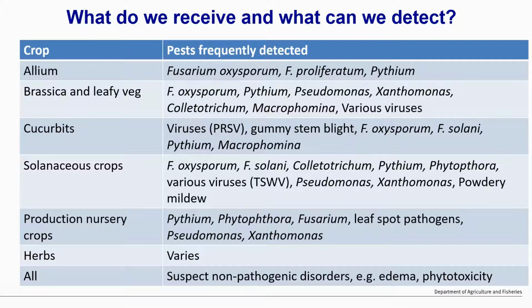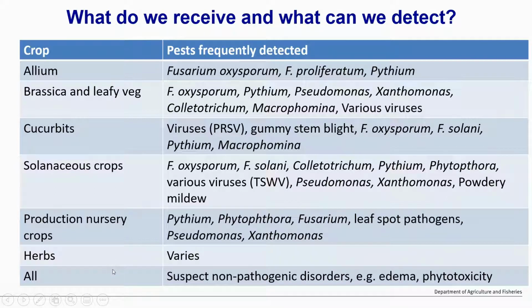This is by no means a complete list, and particularly in production nursery crops, we will get a really wide range of veg as well as other crops, and oftentimes we have never even heard of a plant, and we go, oh, okay, and we have to work out what's wrong with it. It can be challenging.